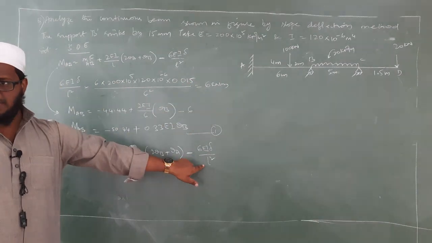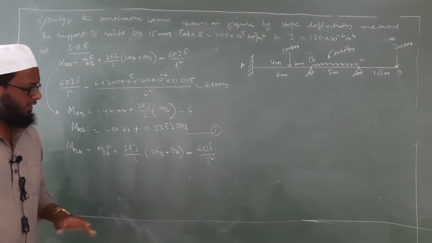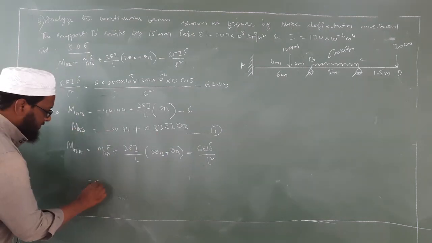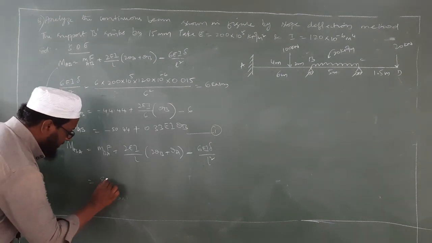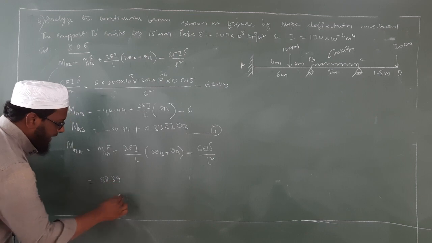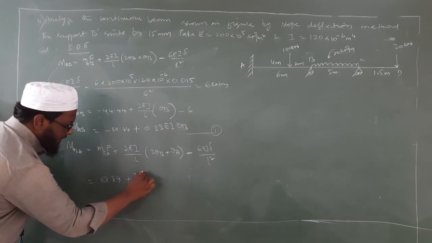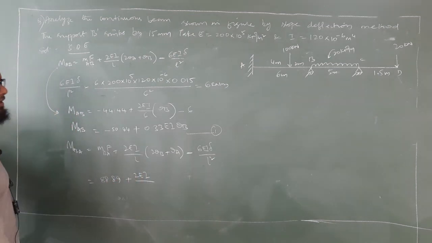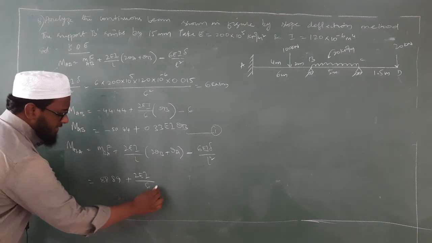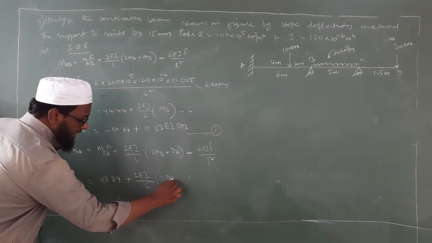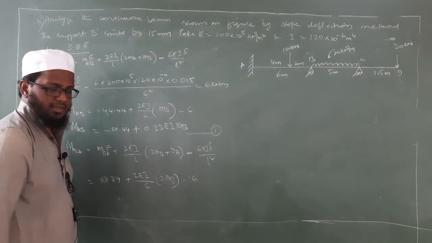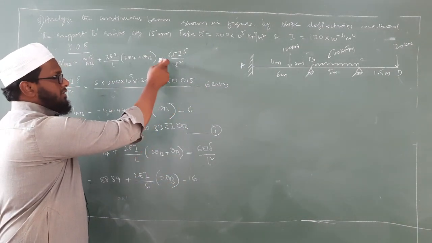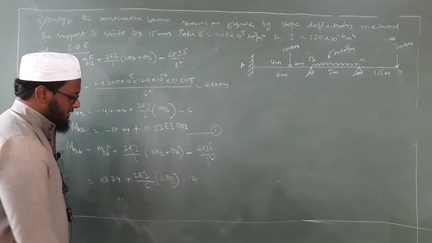L is not changing here. For span AB, BA, both are the same. So what is the value of MFBA? 88.89 plus 2 EI by L. Span of AB is again 6 into 2 theta B. What is the value of this one? Minus 6, isn't it? 6 we got. Since we have minus here, I am writing here 6.